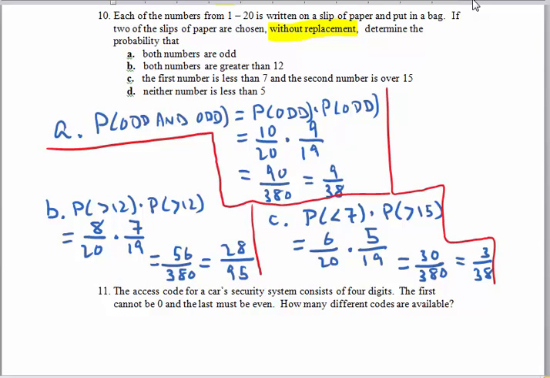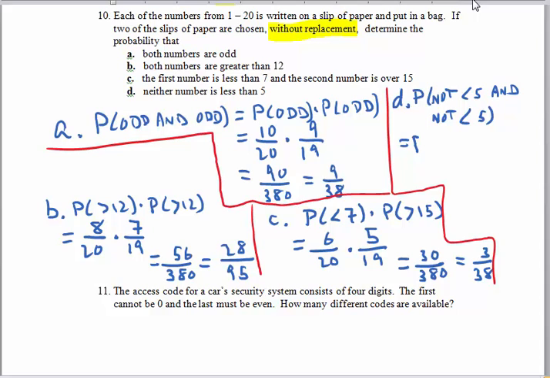Now part D just asks, what is the probability that neither number is less than 5? Now what you probably want to do here is rewrite this as the probability of not less than 5, and again not less than 5.